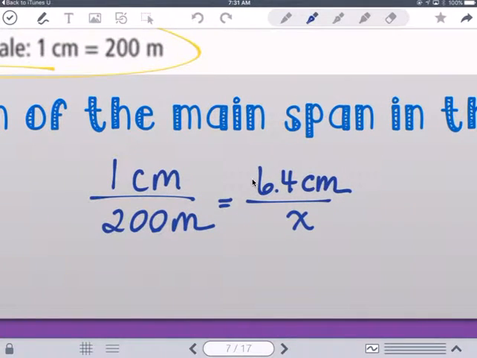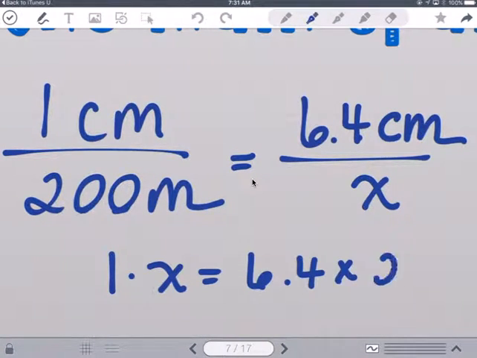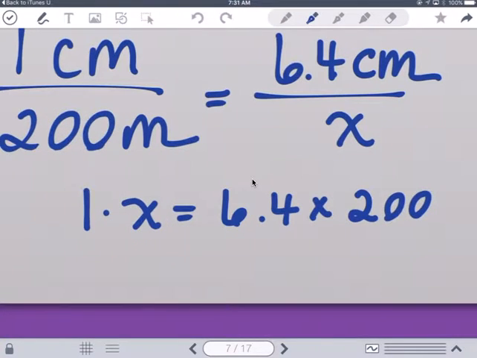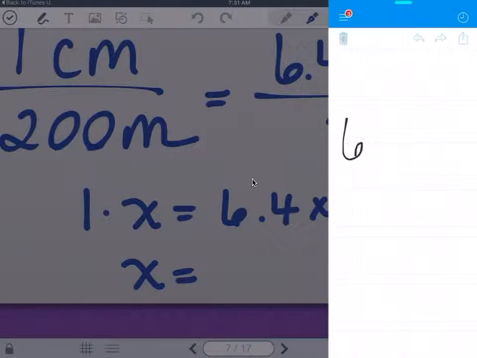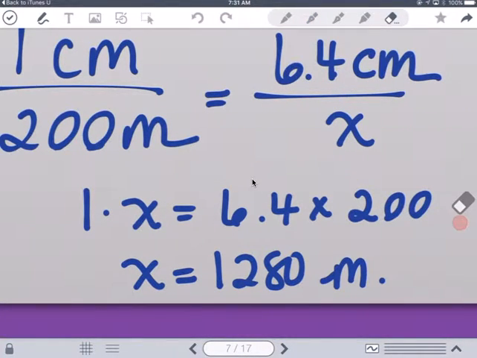So just like we did yesterday, we're going to solve this using a proportion. So 1 times x equals 6.4 times 200. So we get x equals 1,280.